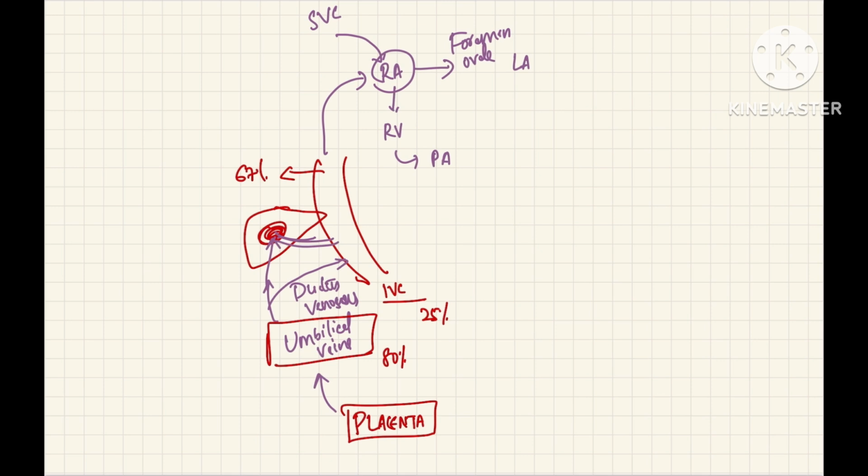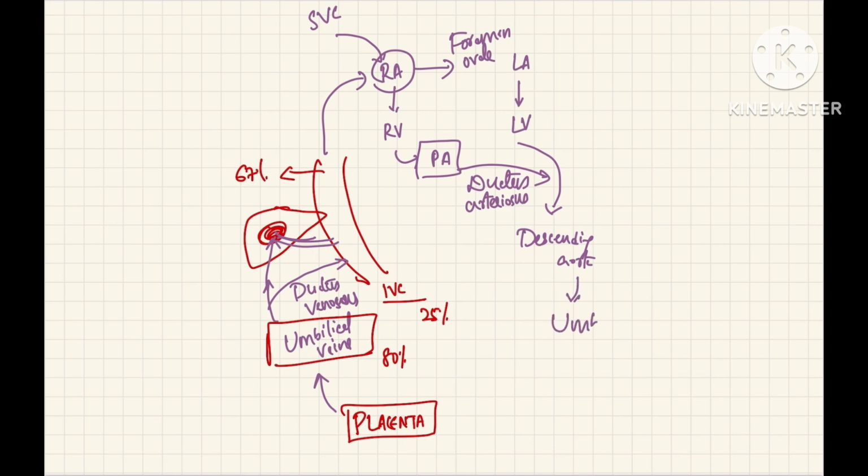So it bypasses the right ventricle and enters the left atrium through the foramen ovale. From the left atrium to the left ventricle to the descending aorta. The blood from the pulmonary artery enters the descending aorta through the ductus arteriosus. From the descending aorta, through the umbilical arteries, it returns back to the placenta.